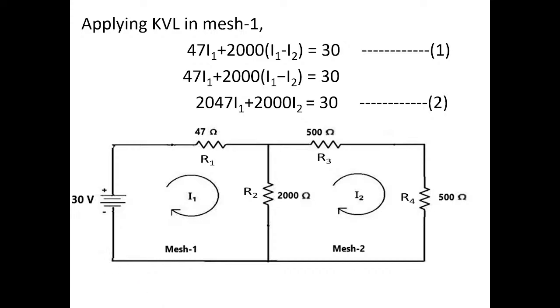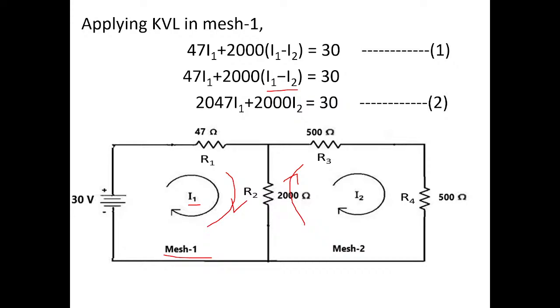I2 current, if you observe, is flowing like this. Sorry, this is I1, not I2. I1 is downward, and I2 is upward. That means the difference of I1 and I2. Since we have considered mesh 1 here, I must write I1 minus I2.